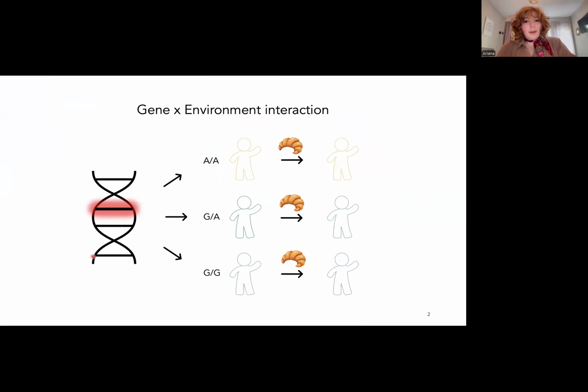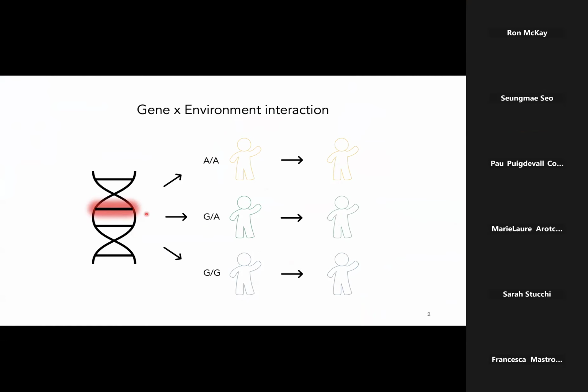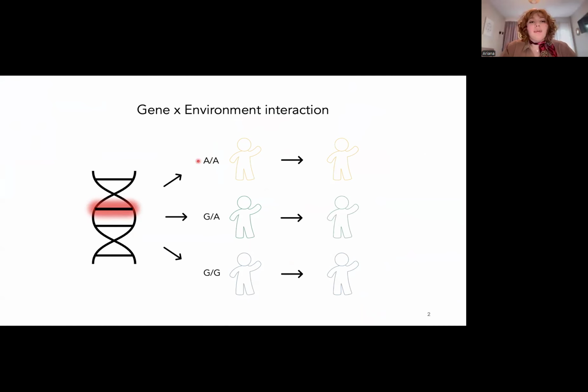To start, let me define what I mean by gene by environment interaction, or GBI for short. A GBI occurs when the effect of an environmental exposure on a trait depends on an individual's genotype. For example, here we have a locus where three individuals carry different genotypes, AA, GA, and GG. At baseline, they look identical.